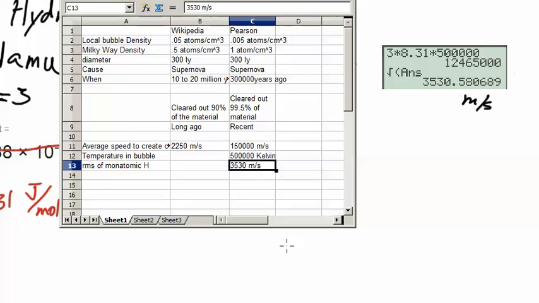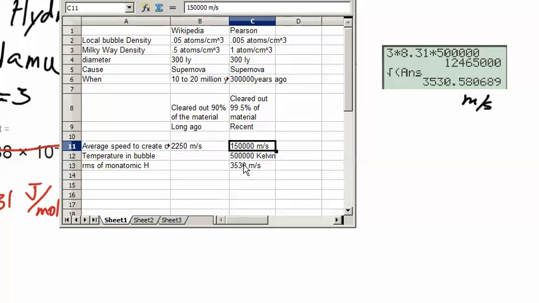My feeling is that this 3,530 meters per second of root mean square speed is more consistent with this 2,250 meters per second than with this 150,000 meters per second.